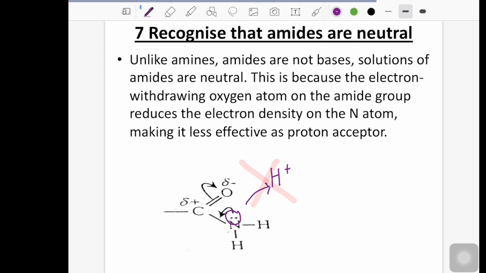One, the delocalization is extended. C=O contains a pi bond, so that pi bond is made up of one electron in each p orbital on each atom. Another thing that you should take note of is that the nitrogen lone pair is actually also sitting in a p orbital, so I draw it here.